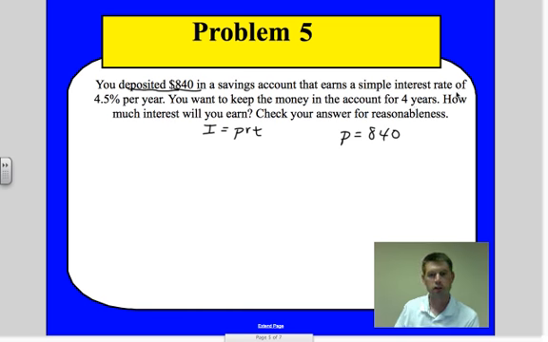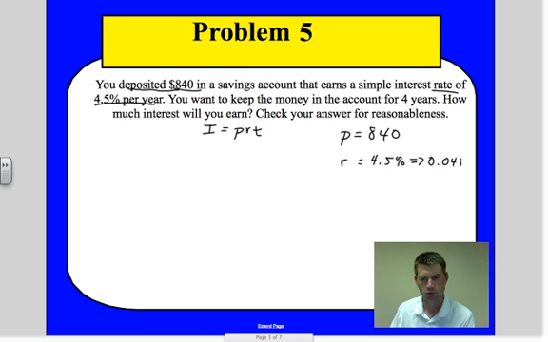We earn a simple interest rate of 4.5% per year. In the last video we talked about how percent is not a decimal. It looks like a decimal, but it's a percent, so we have to move it back 2 spots, which means we really have 0.045 as our rate.